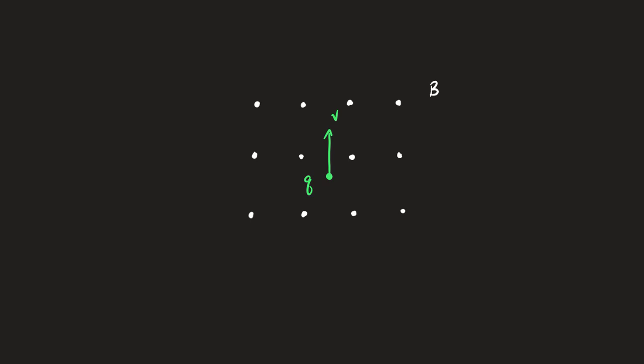So again, pointer finger in the direction of the velocity. Rotate your wrist until your middle finger points in the direction of the magnetic field, which in this case should be out of the paper or out of the board or out of the screen. And my thumb points to the right. So that would suggest that the force on the particle would be to the right.